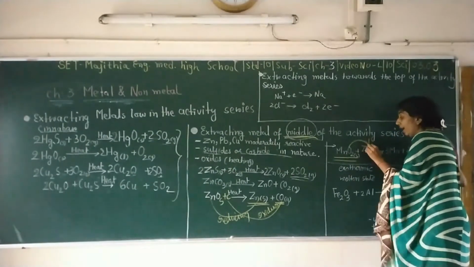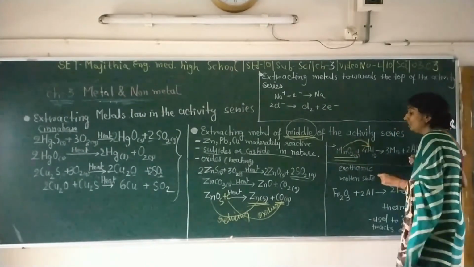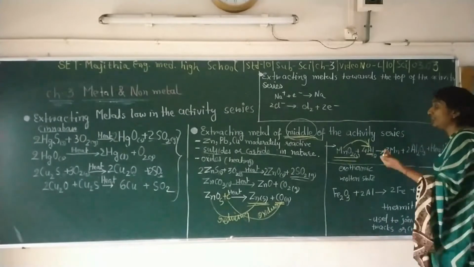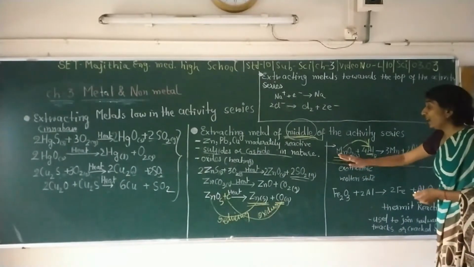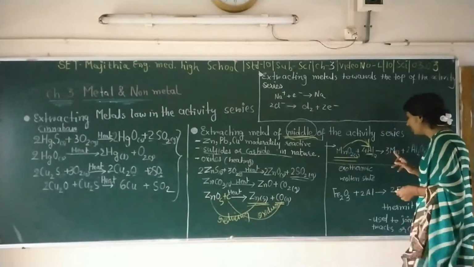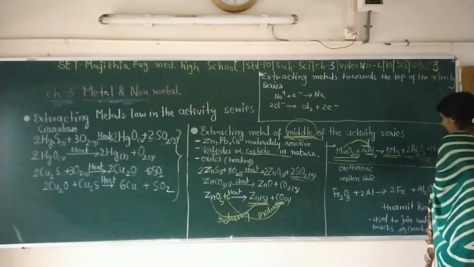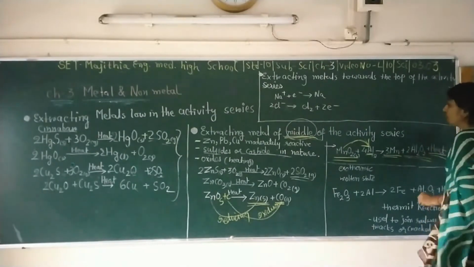So as compared to manganese, aluminum is more reactive. So if I add aluminum into manganese oxide, it is going to displace the manganese.